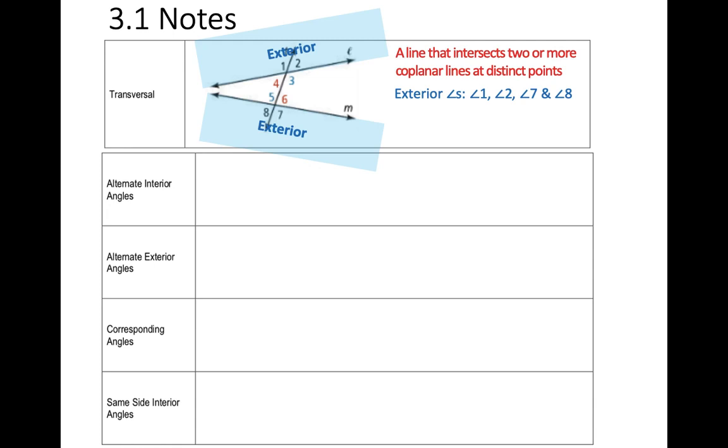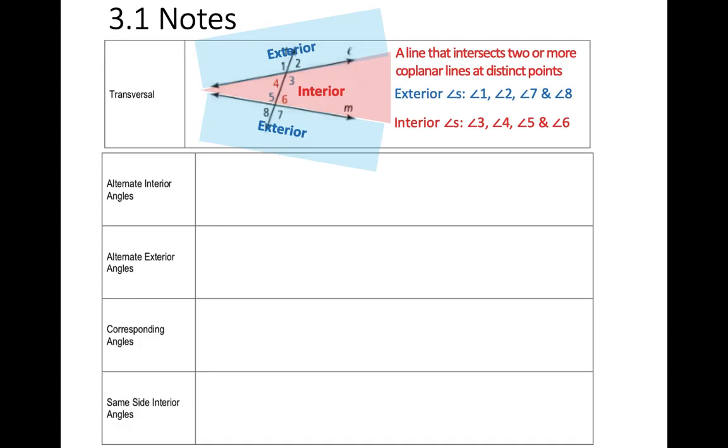Those are all called exterior angles because they are on the exterior of the lines. Okay? We also have an interior. And the interior angles in this particular example would be 3, 4, 5, and 6 because they are on the interior, in between the two lines that are crossed by the transversal.